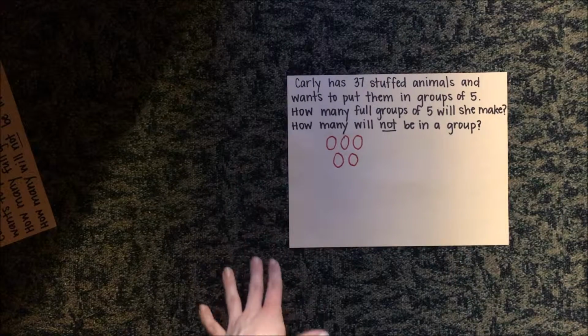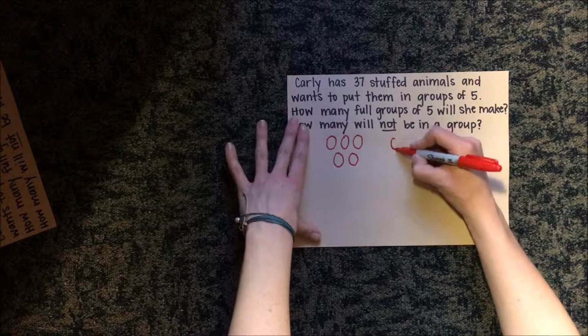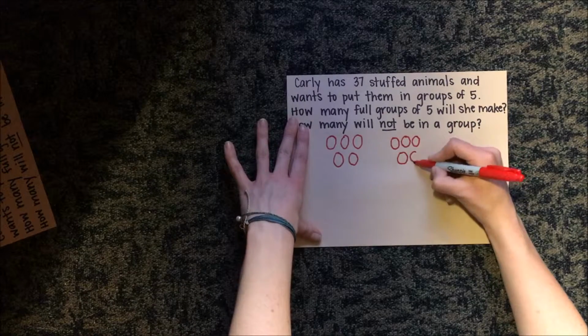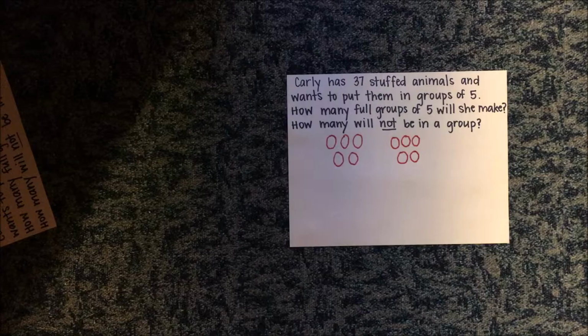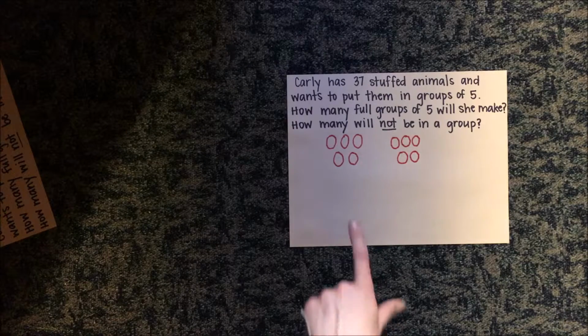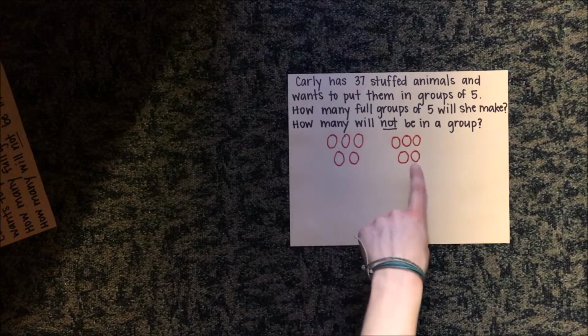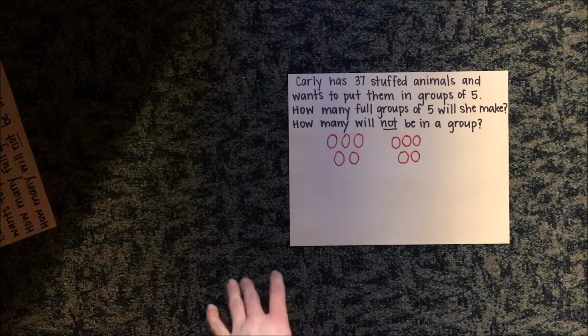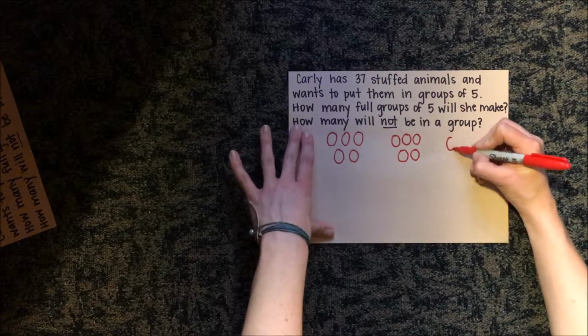So there's 5, and that's one group. There's another 5, so I have 2 groups of 5 so far, and if I count by my 5s, I go 5, 10. I've only drawn 10 circles to represent 10 of the stuffed animals, so I need to keep going.